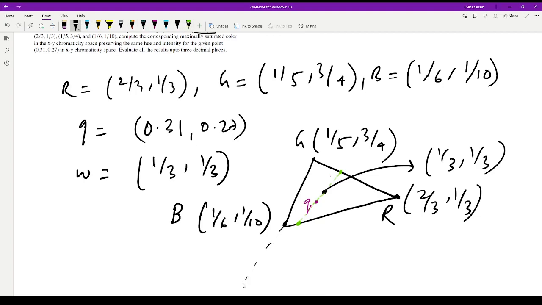So if we extend it like this, and we extend it like this, these are the three intersection points.